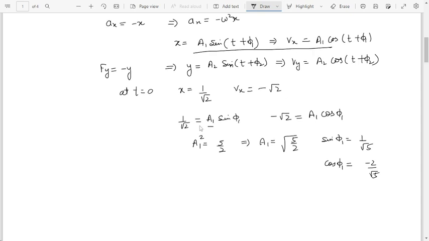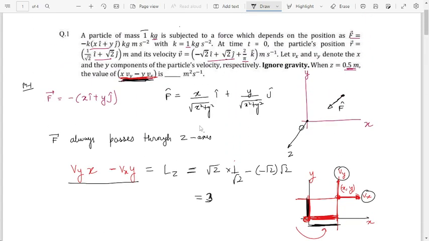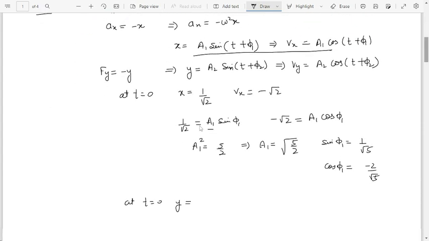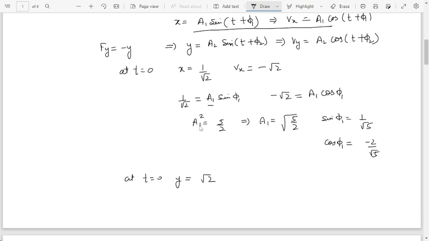Similarly, for the y-axis, we can do the same thing. At t equals to 0, y was root 2 and Vy was also root 2.